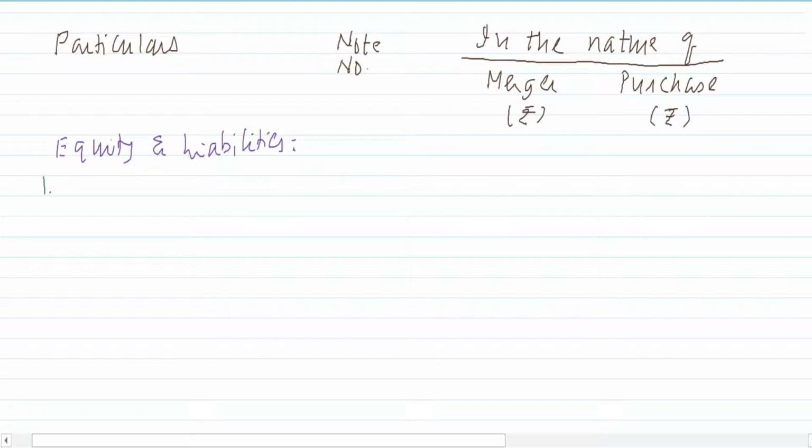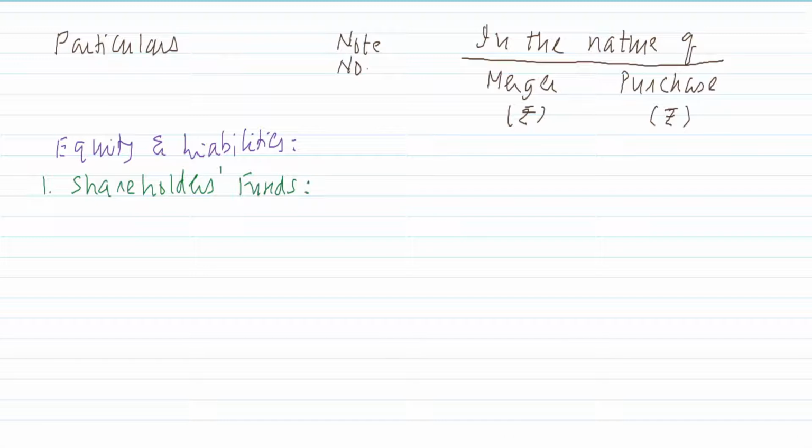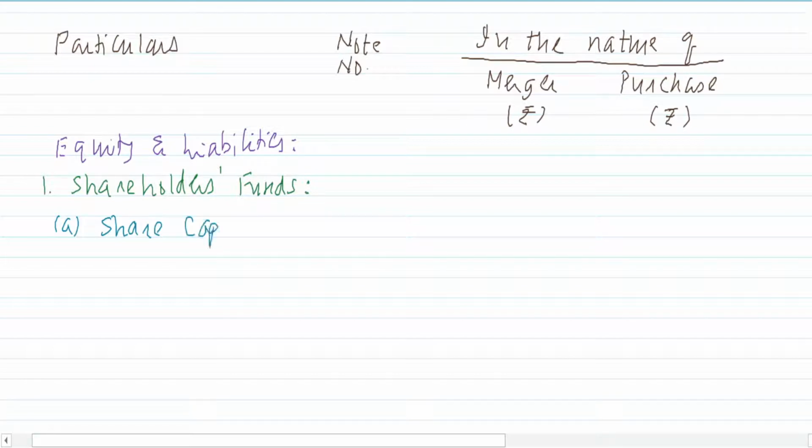Under that, our first head is shareholders funds. Again, under that, we say A, share capital. Under that, we say B, reserves and surplus.